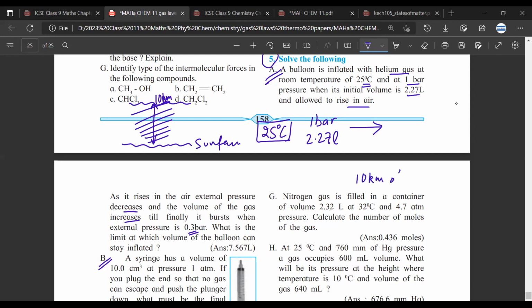Any doubt about this? So 10 kilometer of atmosphere is above the surface of Earth, approximately. So the balloon is here. When the balloon is here, the pressure is 1 bar.